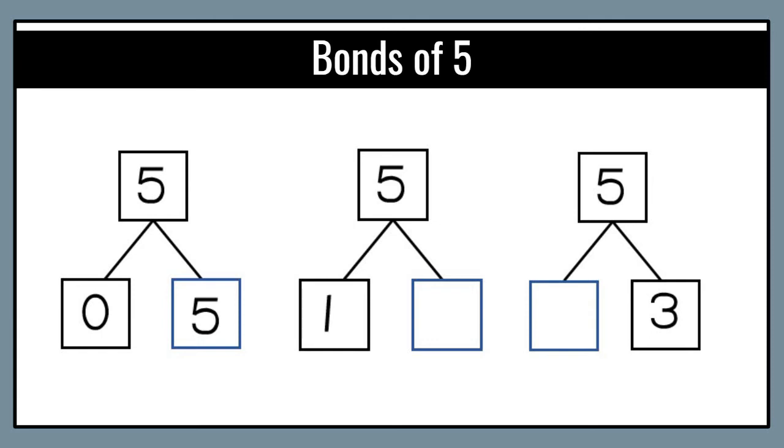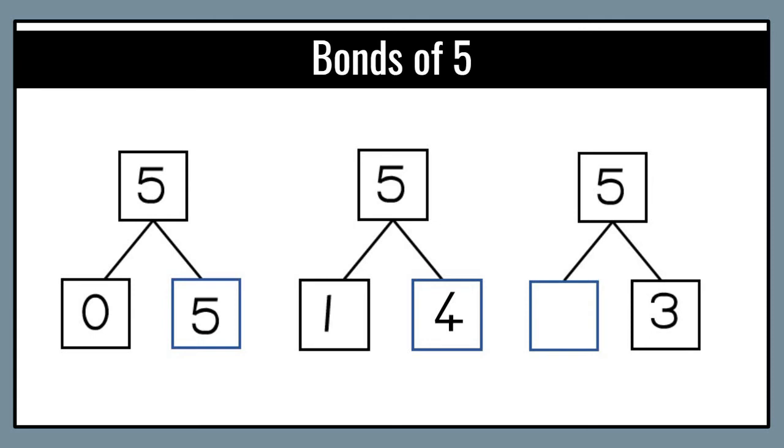The next one. If I have 1 dot, how many dots must I add to make 5? Well done, 4 dots. If I have 1 dot and I add 4 dots, it makes 5. Therefore, 1 plus 4 is 5. And we can say that 1 and 4 are bonds of 5.